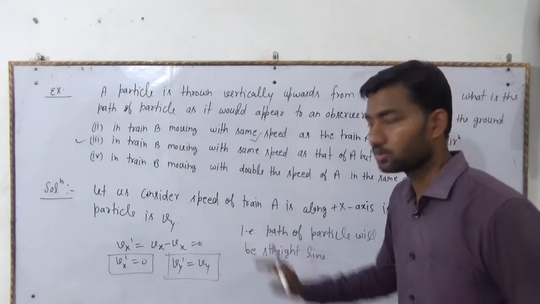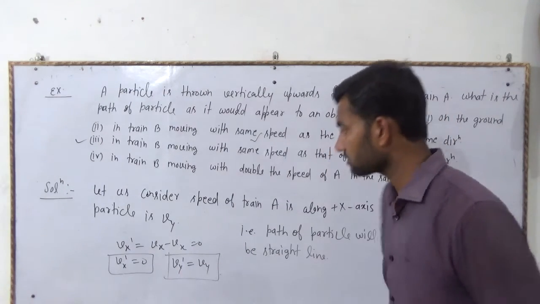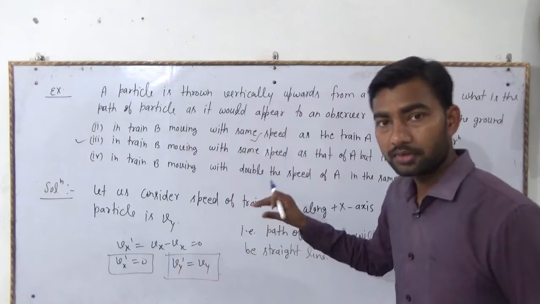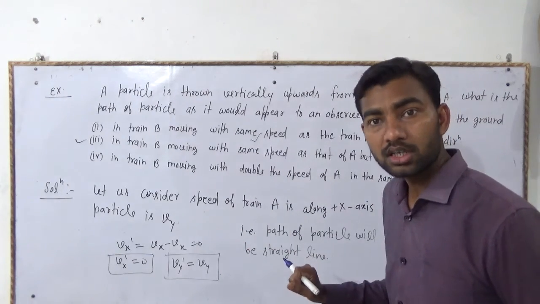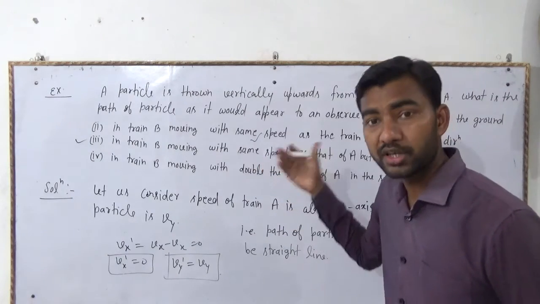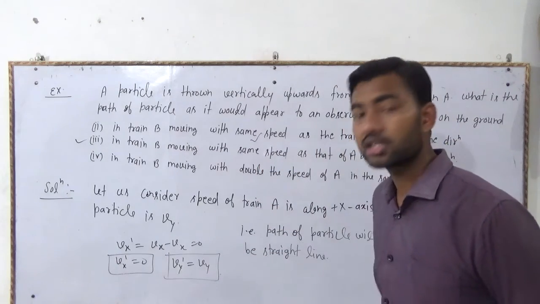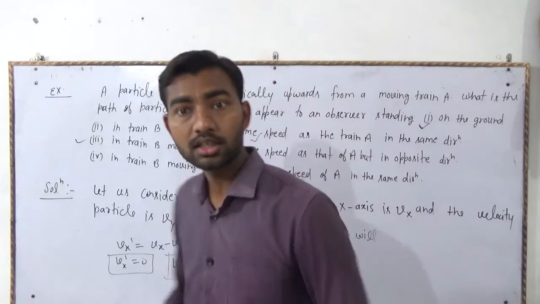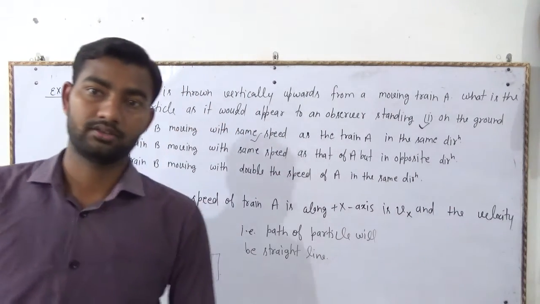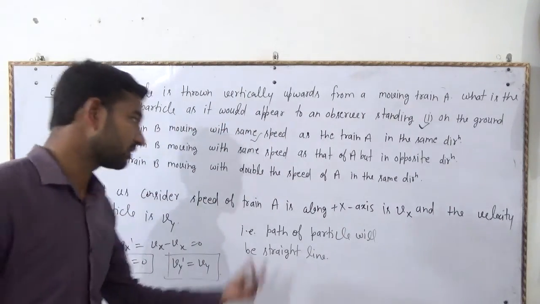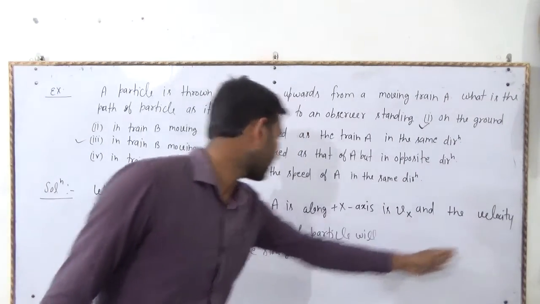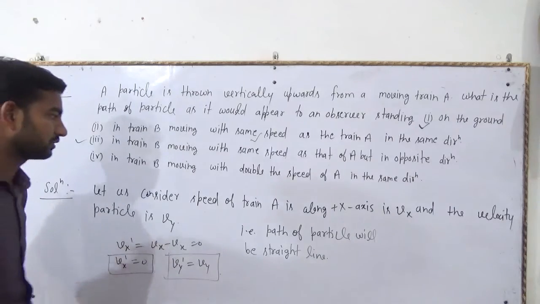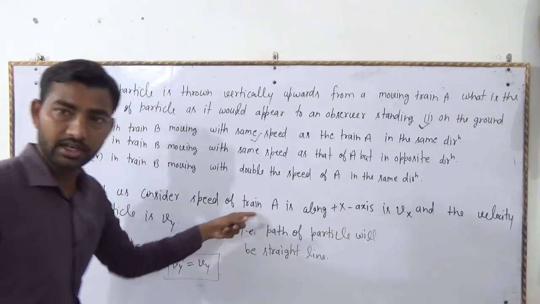Vy dash is equal to Vy. Here Vy dash is the velocity of the particle in frame B, or train B, and Vy is the velocity of the particle in train A, which we have also written in this imagination.